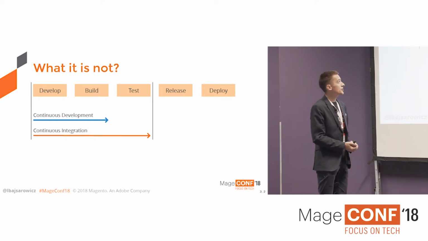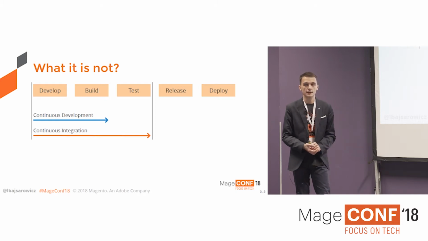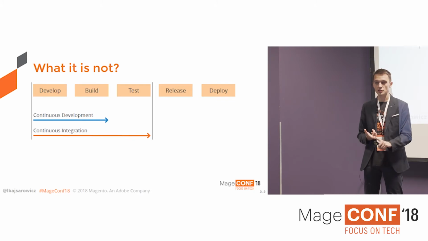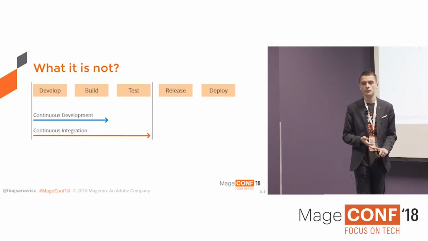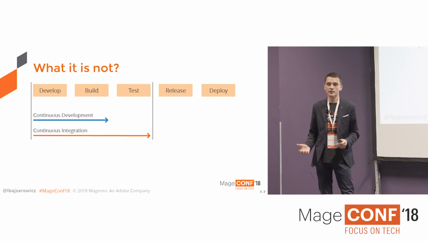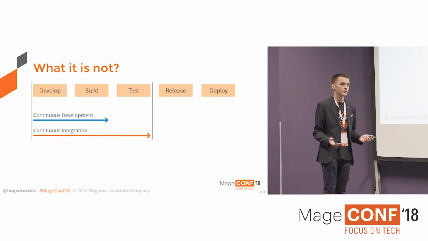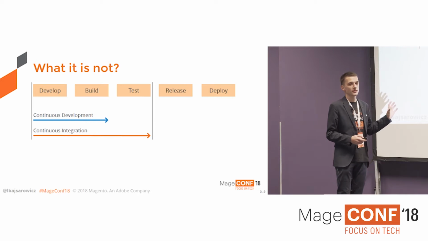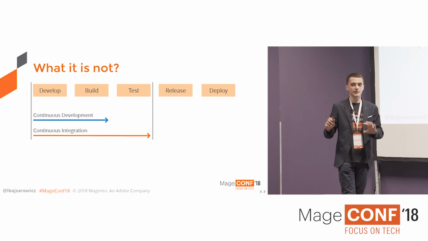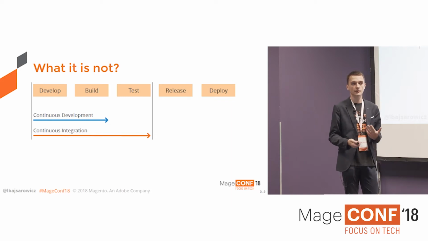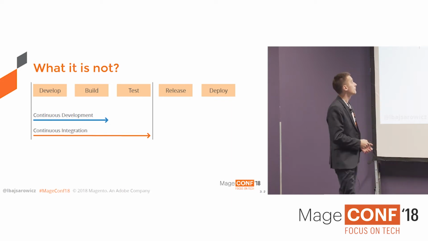But continuous integration includes tests. So we write code, we build the application, and then we test if it works properly. If it's done automatically, we call it continuous integration. And by continuous integration, I mean not only to test and leave the code as is, but also to merge to the release branch.